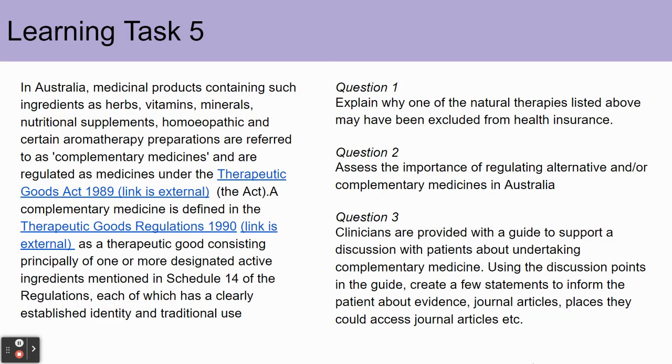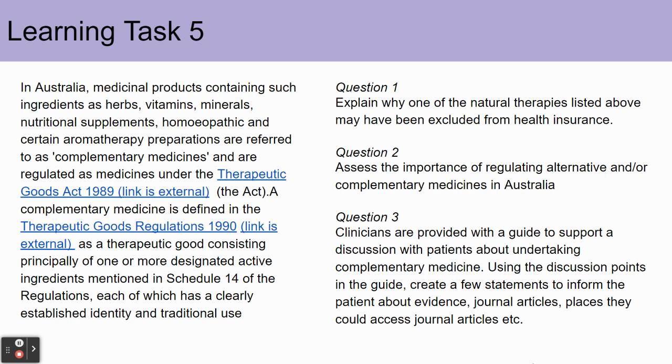So in Learning Task 5, we're going to be looking at how the TGA assesses natural therapies, and how private health insurance excludes some natural therapies and why they would be excluded. You're going to assess the importance of regulating alternative and complementary medicines.